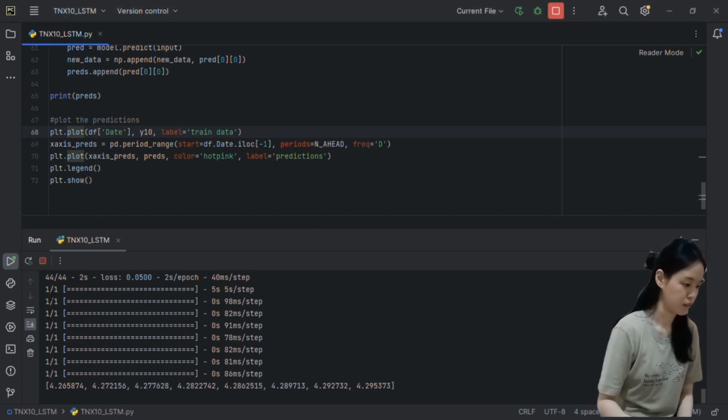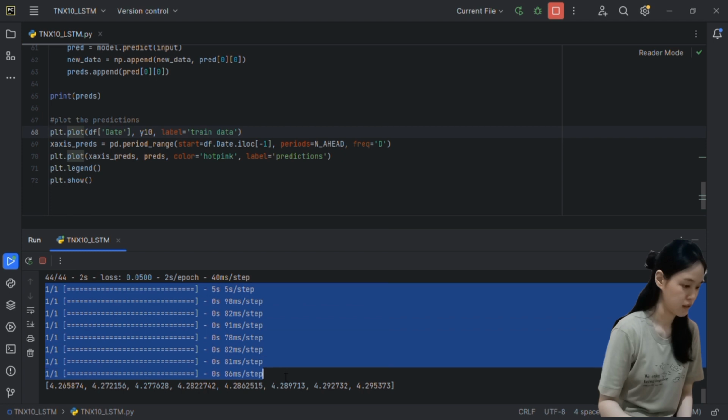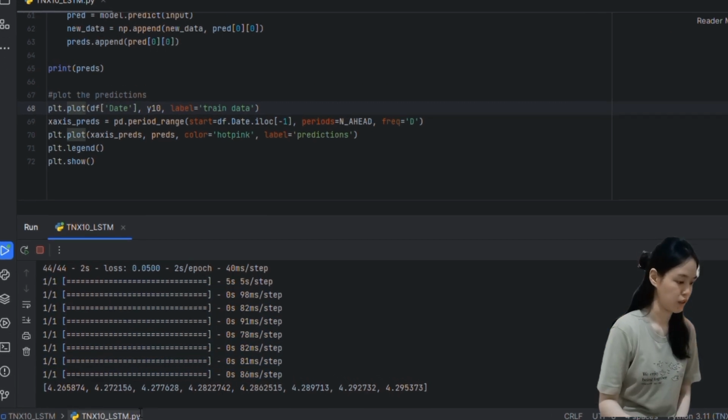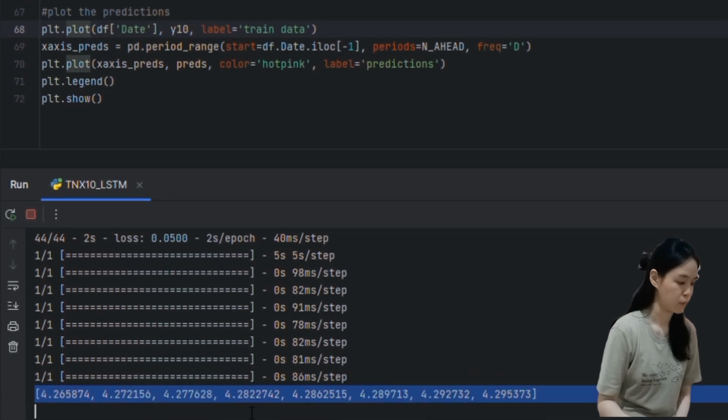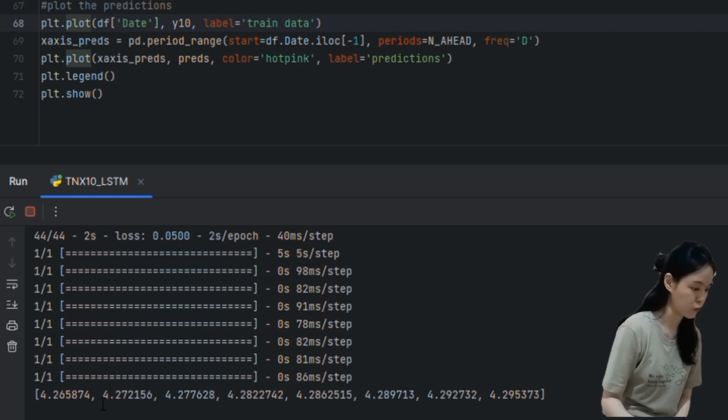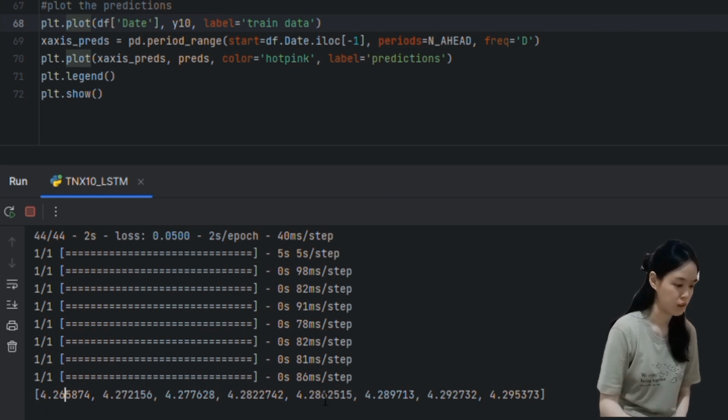If you look at it, this is a predicting process. Okay, and here are the predictions. So 4.24, yeah, it's around 4.26, stays around like that.